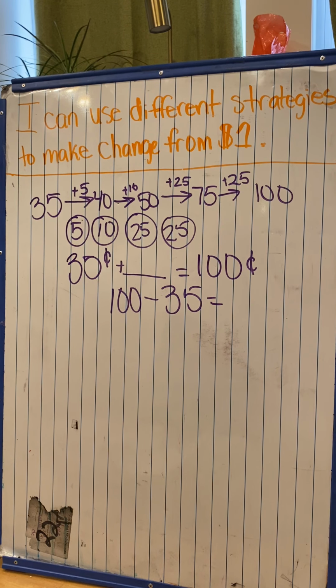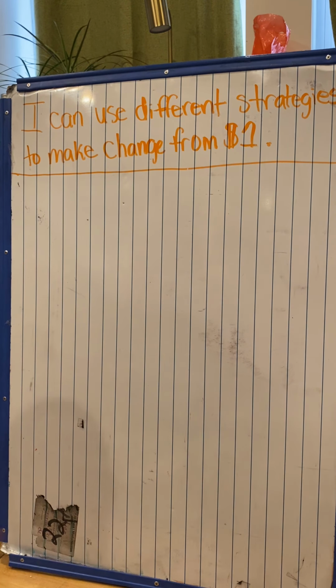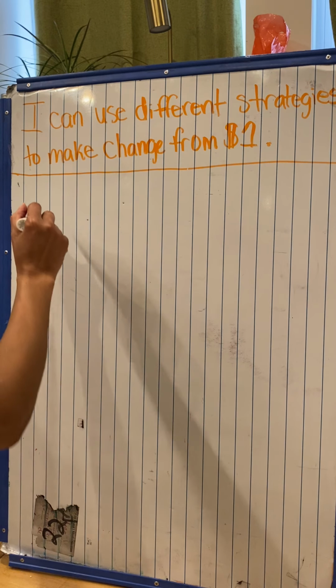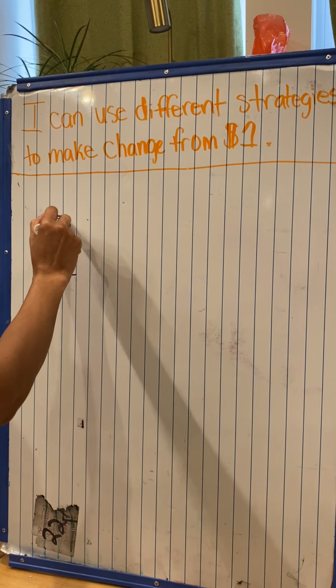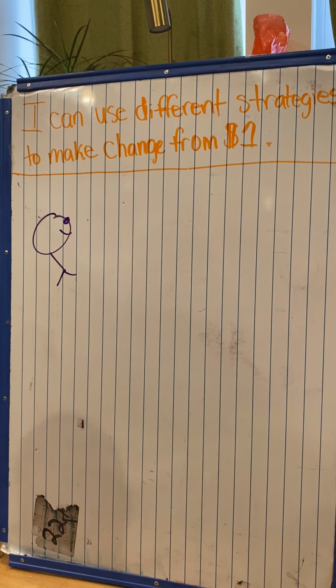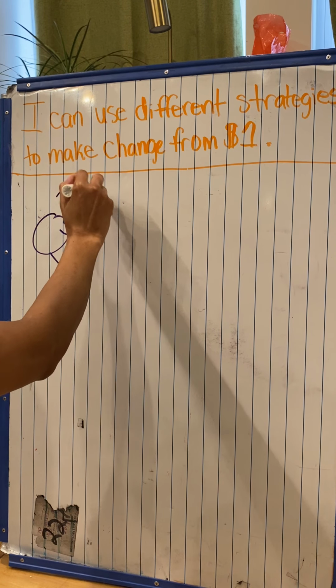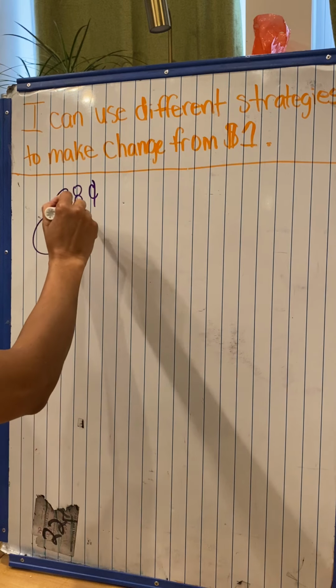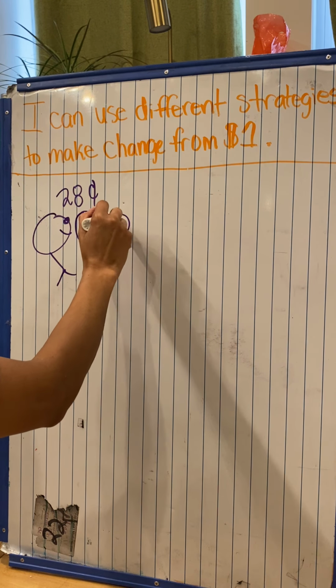Now that you know about change, let's solve a problem where we make change from $1. So let's say I'm going to give, let me erase this. All right, so let's pretend like this is Devon. So Ms. Hose is going to give Devon 28 cents. Okay, so I gave Devon, yep, a quarter, 3 pennies.